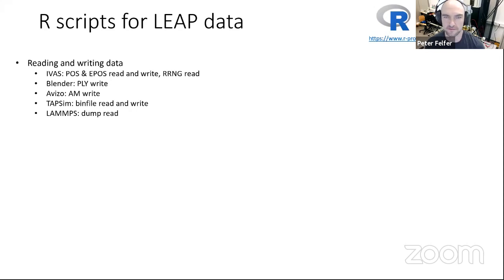I have scripts for Avizo, which write AM files. It can basically be used for cloud rendering. I'll come back to this later. I can read and write the TAPSIM files, the bin files that allow you to check atom position and trajectories and everything in TAPSIM. And I can read files from LAMMPS, the dump read, so you can check how the atoms move in the Monte Carlo simulations.